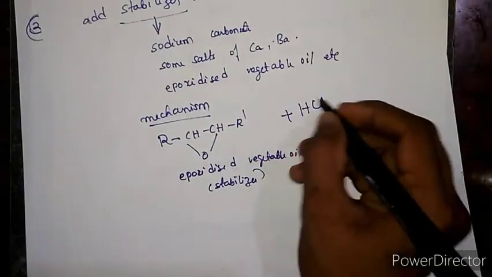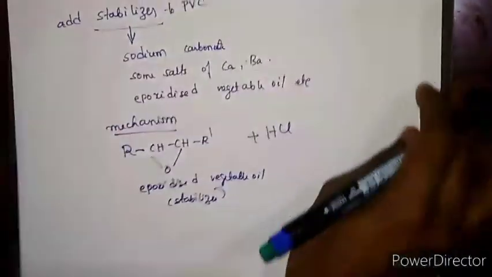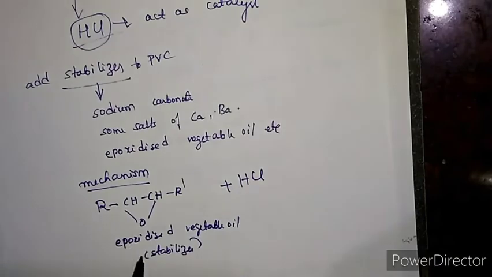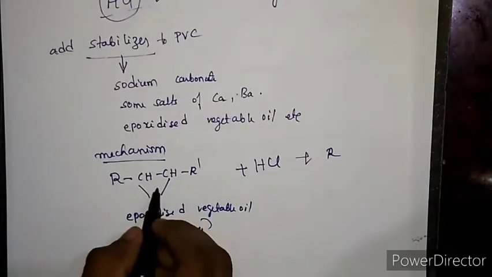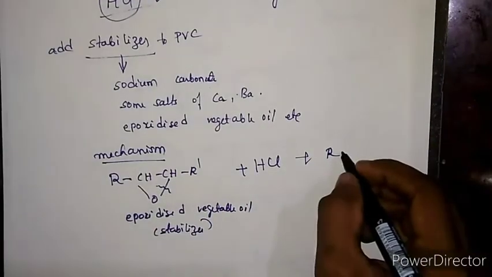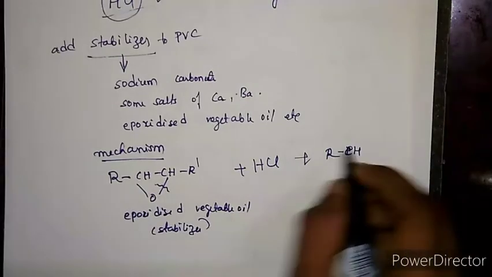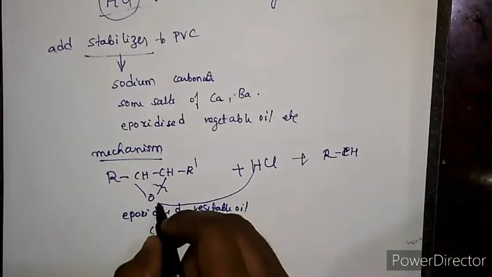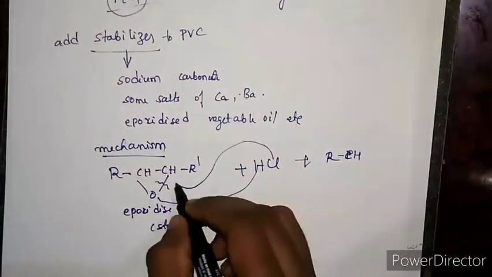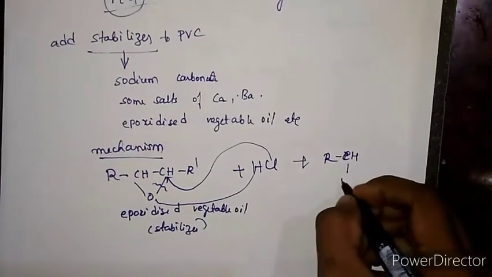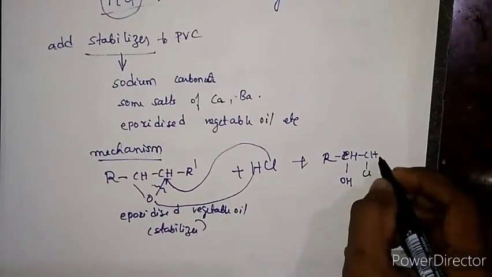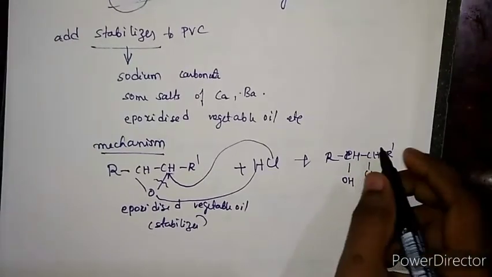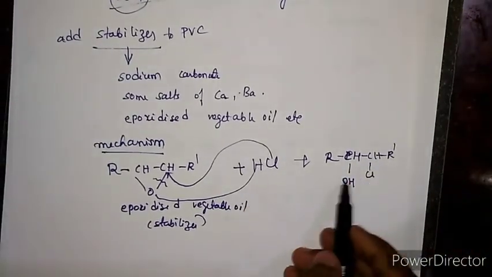HCl is the gas liberated during the degradation. This is the stabilizer. We will see how the stabilizer will remove the HCl. This bond clips, and this H goes with this oxygen and this Cl goes with this carbon, like this. OH, and CH, Cl, and R. Now HCl is removed.